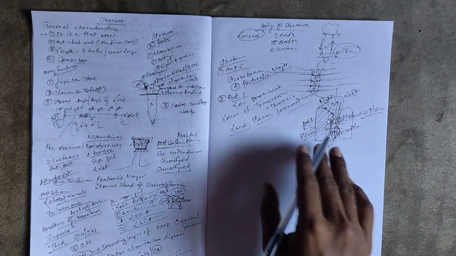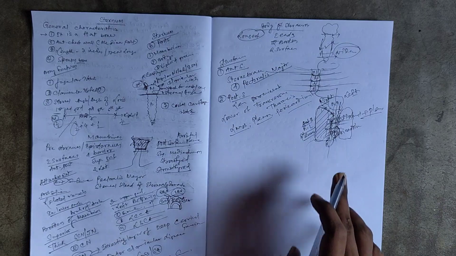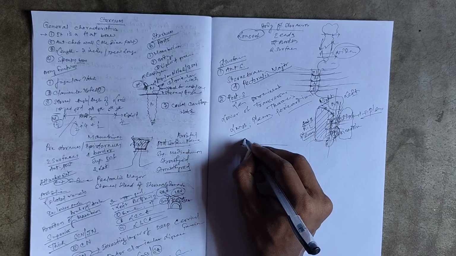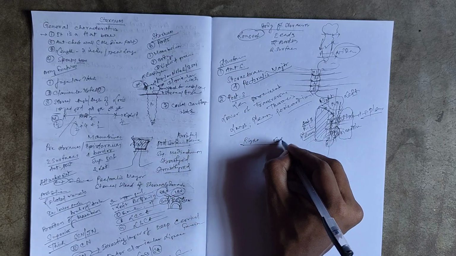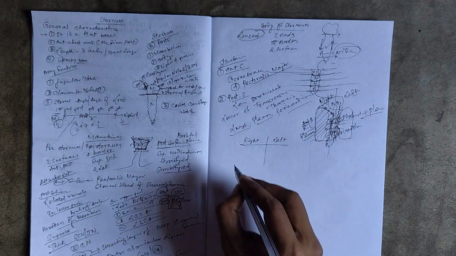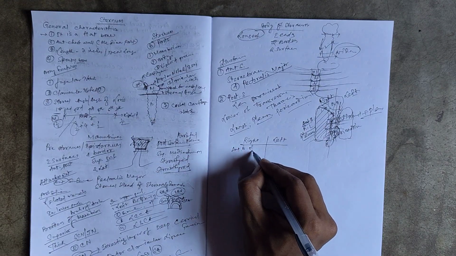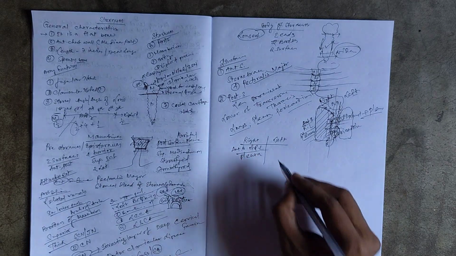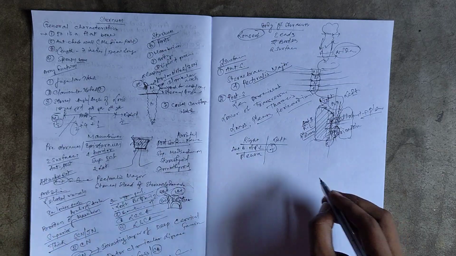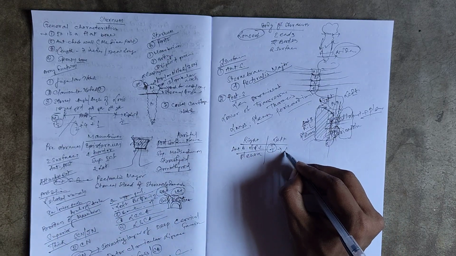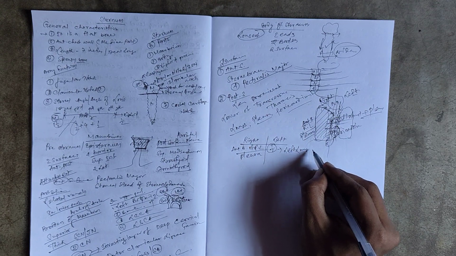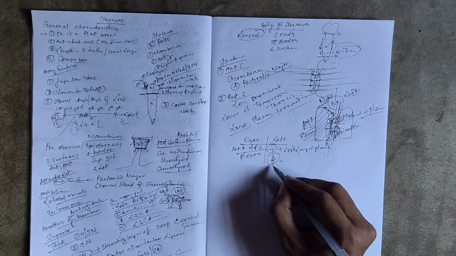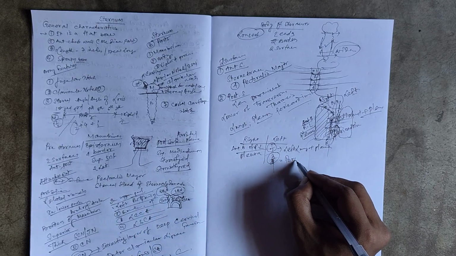The relation comes with the heart, and in the heart the relation is only with the pericardium. So if you take the body, then there is a right side and a left side. On the right side there is the anterior border of the right lung, then the pleura, and in case of the left part, the upper two segments have the left lung plus pleura, and the lower two parts are related to the pericardium.